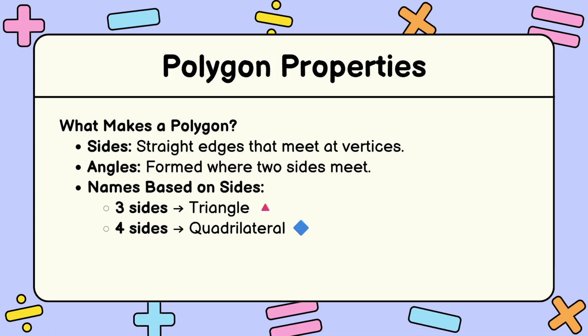Secondly, angles are formed where two sides meet. These angles are crucial in determining the overall shape and the type of the polygon. Now, let's talk about how we name polygons.